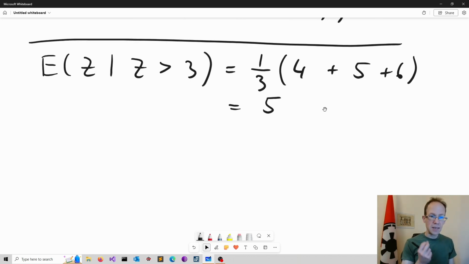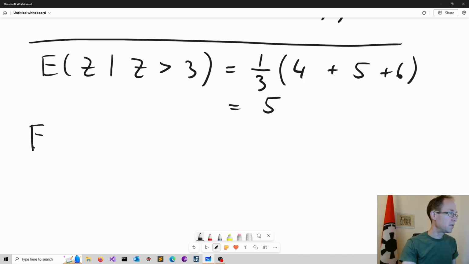Now taking the expected value of the conditional expected value implies that we consider the expected value of Z given that Z is larger than 3. We already have it. And we also have to consider the expected value of Z given that Z is less or equal to 3. And both have probability 1/2, in line with our discussion, so they're equally likely.